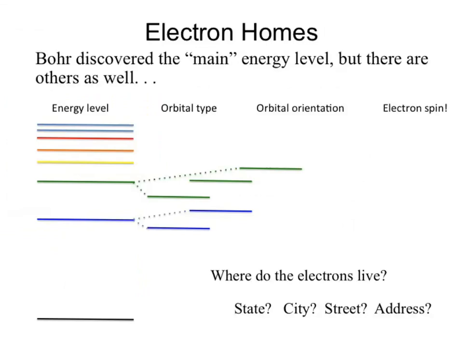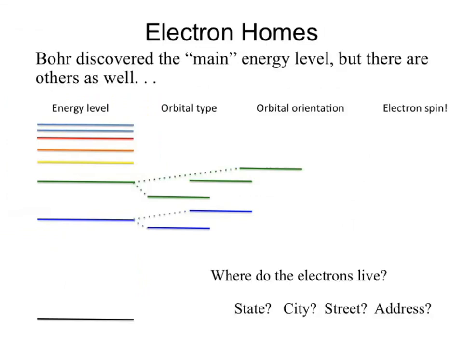When we generate a new orbital type, there's multiple ways that orbital can be oriented in space, which means we get more potential orbitals. The very last thing, which we won't worry about too much, is the electron spin, which summarizes for us that 2 electrons can exist in every orbital. So that was our goal at the end of that.